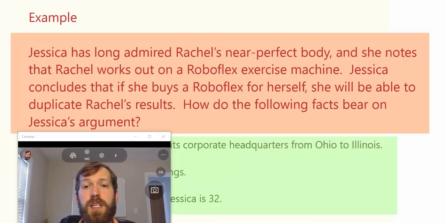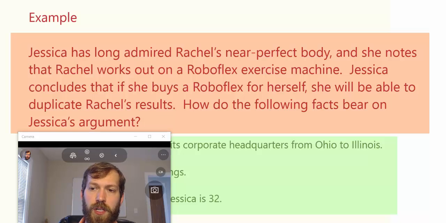All right, so this is the analogical argument that we're going to examine. It says Jessica has long admired Rachel's near-perfect body, and she notes that Rachel works out on a RoboFlex exercise machine. Jessica concludes that if she buys a RoboFlex for herself, she'll be able to duplicate Rachel's results.